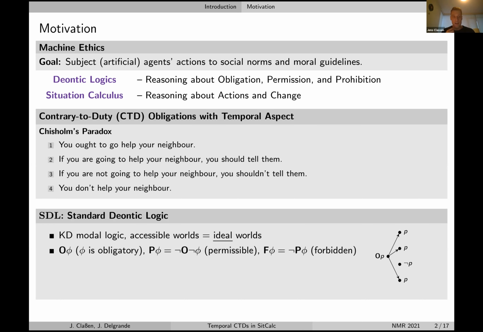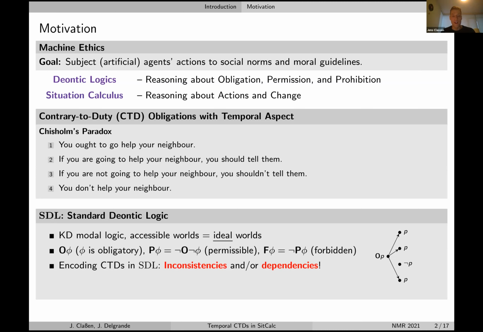But the thing is that the most basic deontic logic is SDL, standard deontic logic, which is nothing more than a KD modal logic, where basically the idea is that accessible worlds represent worlds that are ideal, and a formula being obligatory then means that it is true in all the accessible ideal worlds, and then we can define permission and prohibition in terms of obligation.